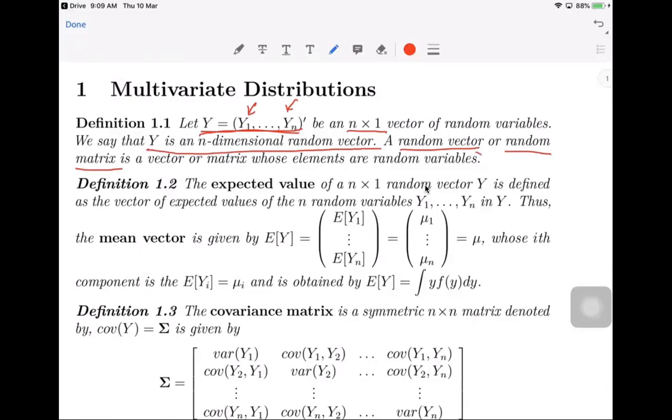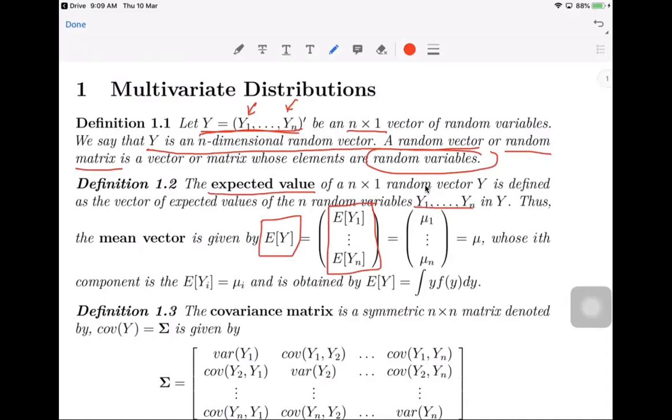If they are random variables, we can find their expectations. The first definition here is the expected value, which we usually denote by E of y. The expected value of your random vector y is the expectations of each of the y1 to yn.